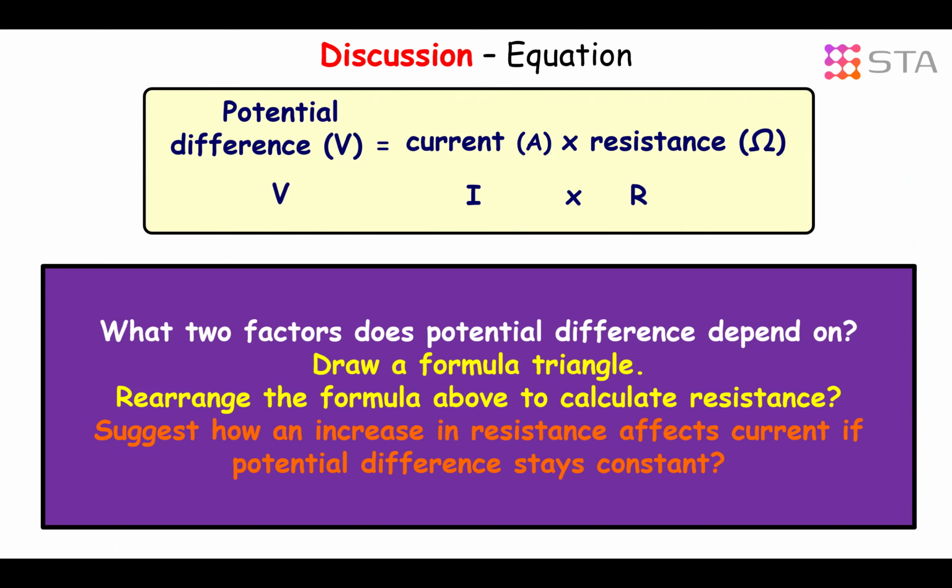That is just one method to help people rearrange, but it's better to use your math skills really. And suggest how an increase in resistance affects the current if the potential difference stays the same? Okay, have a think. And please pause the video if you do need any extra time. And otherwise I will move on.